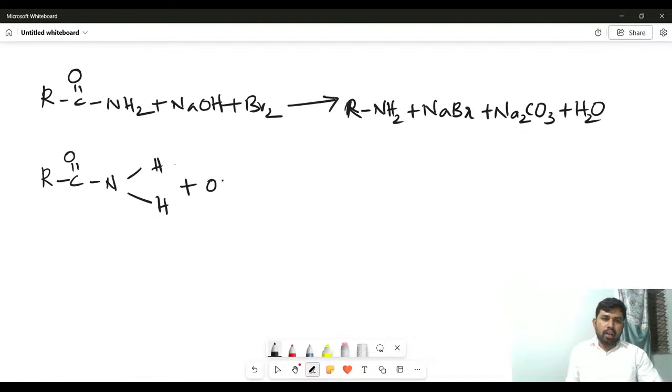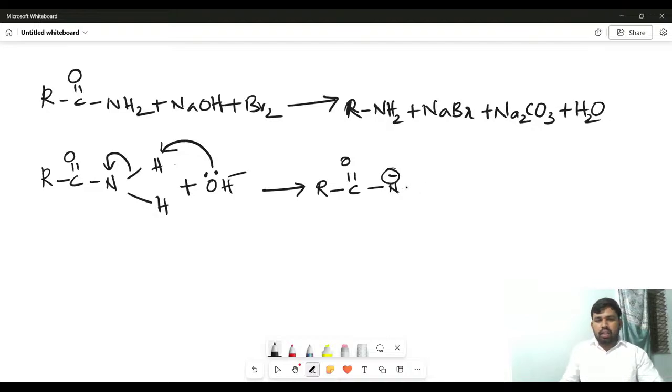When we are adding strong base, the base has a lone pair, and this will attack this proton, so the electrons will be shifted here. So now we get an amide ion: carbon double bond O, nitrogen with a negative charge along with one hydrogen.